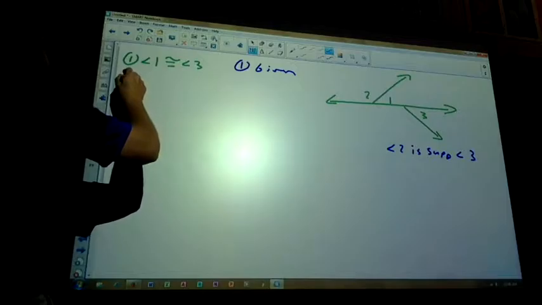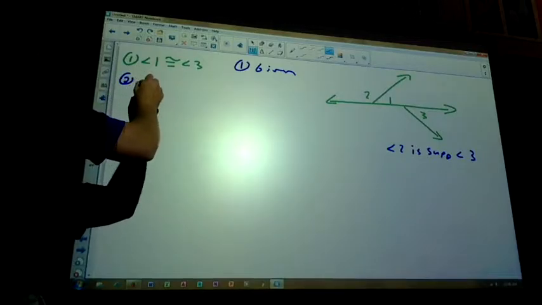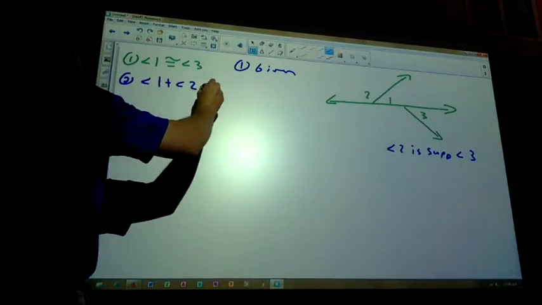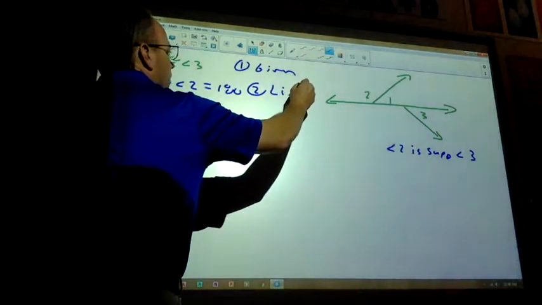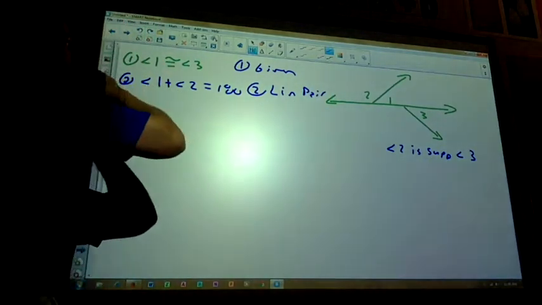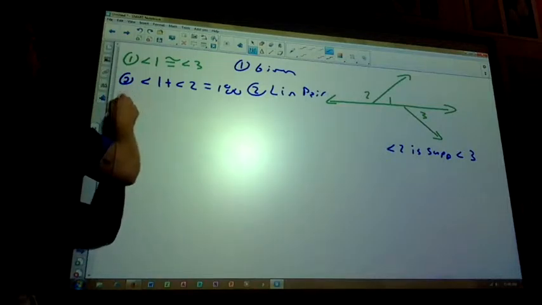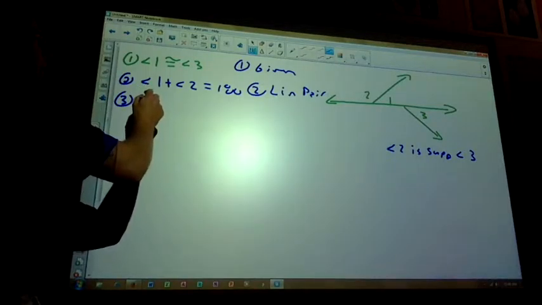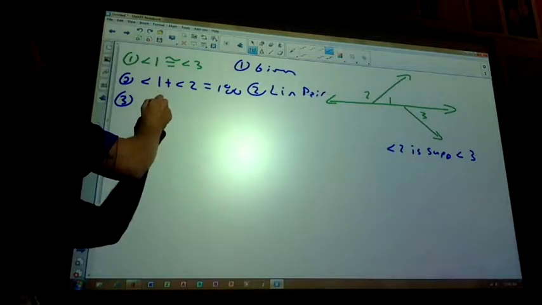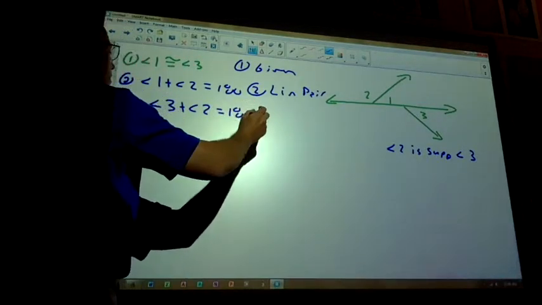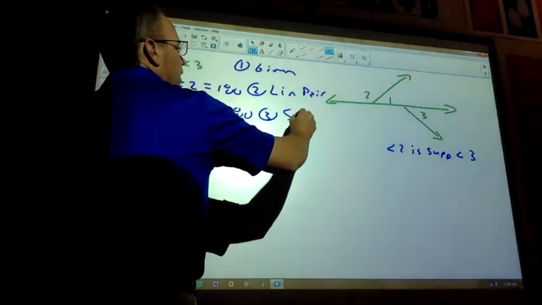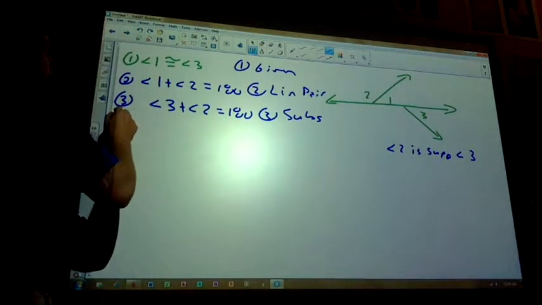I also know things like this. I could state that angle 1 plus angle 2 equals 180. Why? Linear pair, right? If I could do that, then I can go ahead and state that angle 3 plus angle 2 equals 180 degrees. Substitution. And then I could do this.